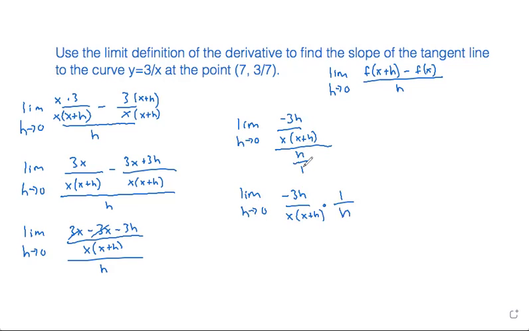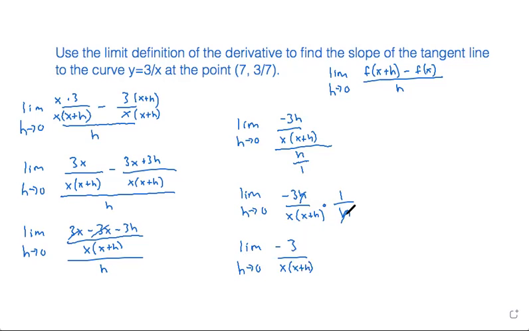I flipped this h over 1 to 1 over h. Now I have a factor of h on top and a factor of h on bottom, so I'm going to cancel these two out, and it gives me the limit as h approaches 0 of negative 3 over x times x plus h.